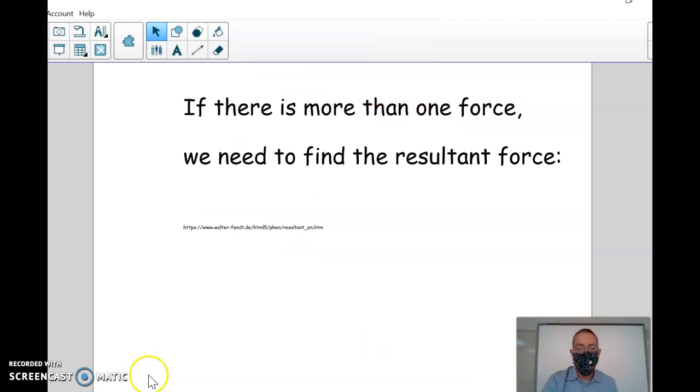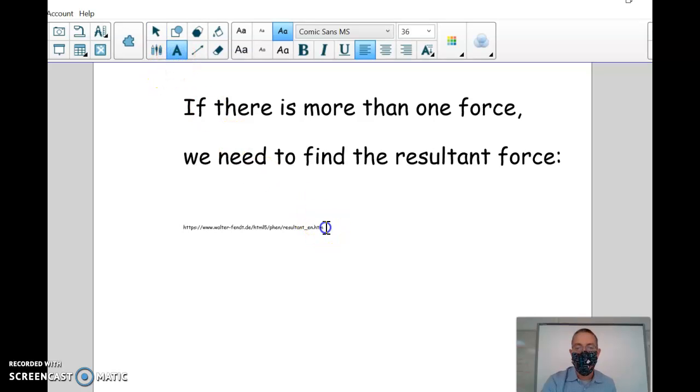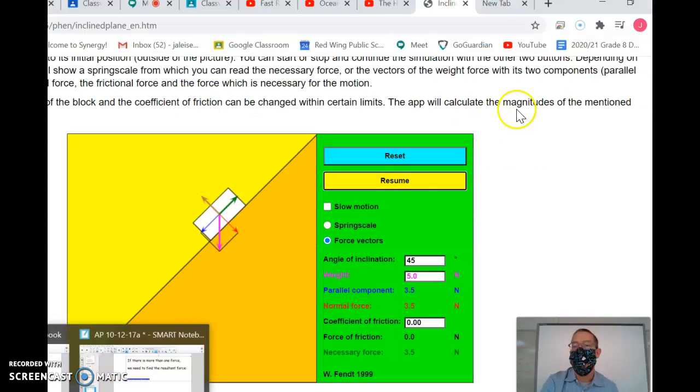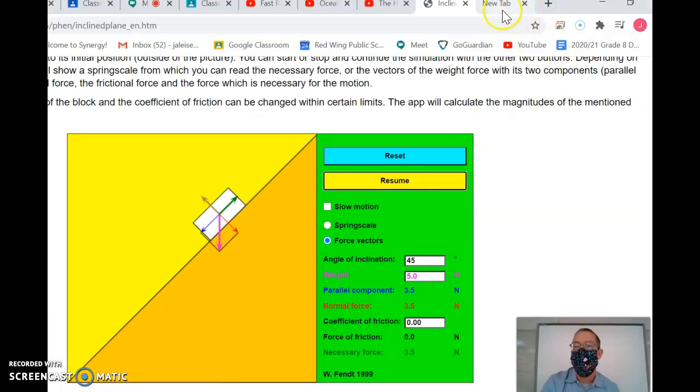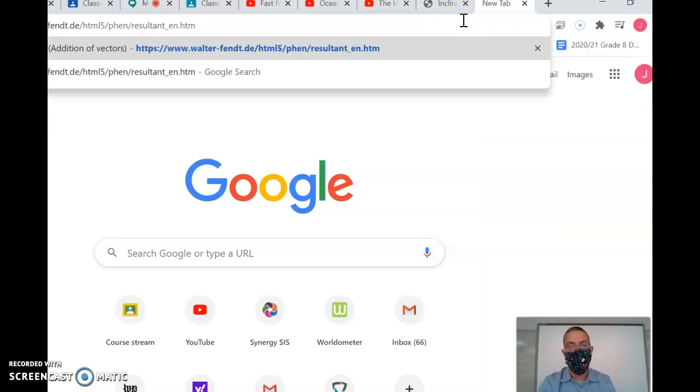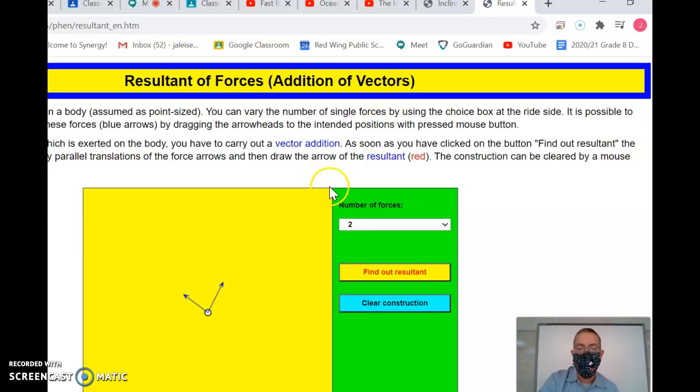Now, if there is more than one force acting on an object, we are going to actually find the resultant force of that. So we're going to add up these forces and act upon that. Let's put this in here, and we'll see what we get. So if I've got two forces acting on an object, I want to find out the resultant.